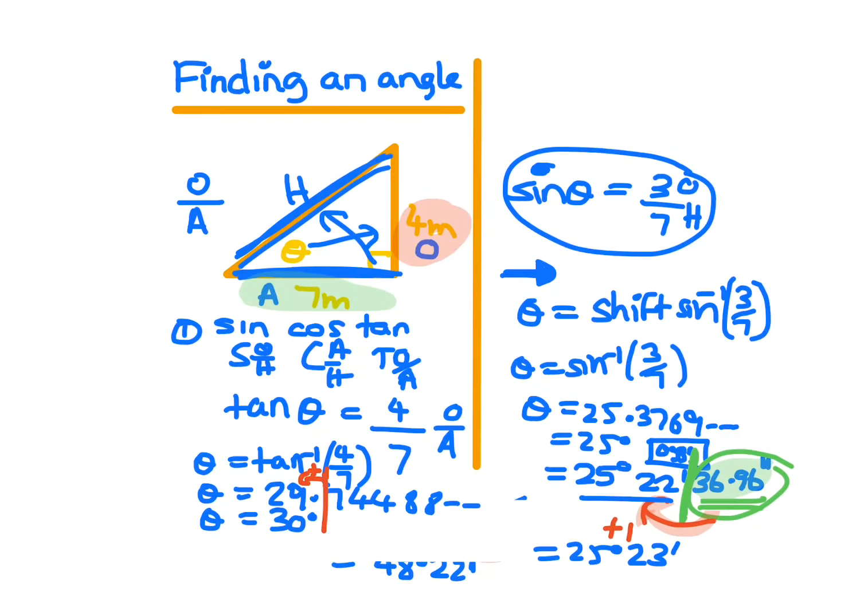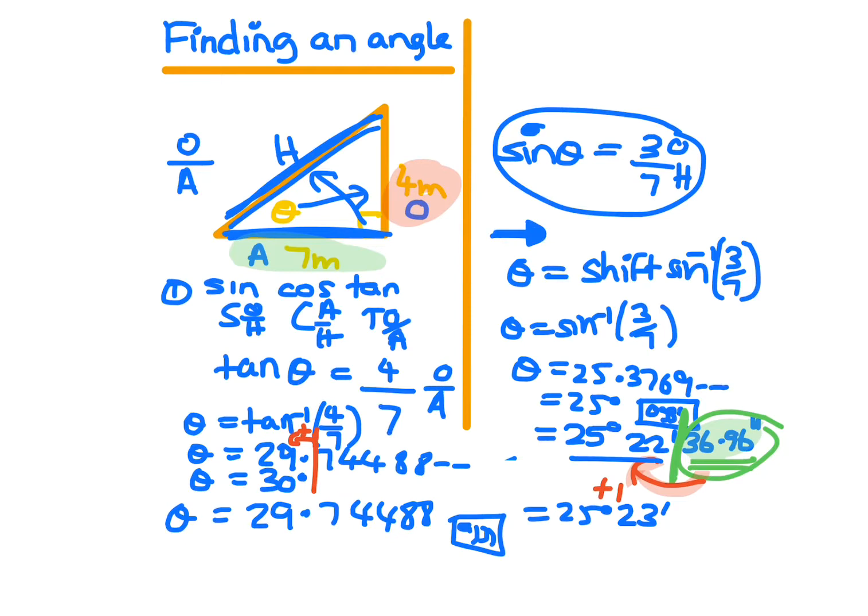But if you want to do it to the nearest minute instead, and you've got 29.74488, you have to press this button, the degree and minute button. You get 29 degrees, 44 minutes and 41.97 seconds.